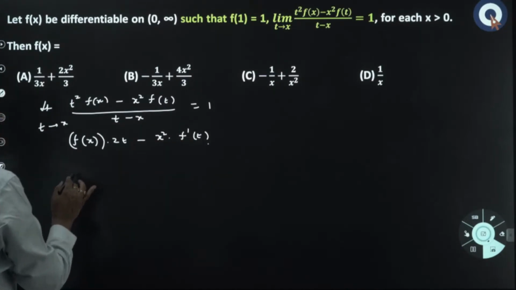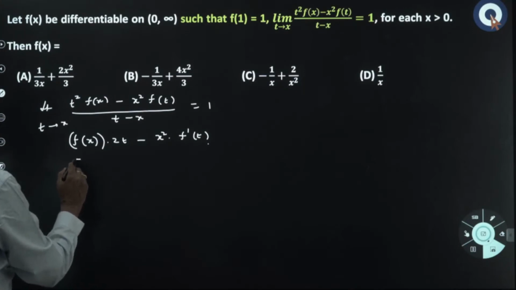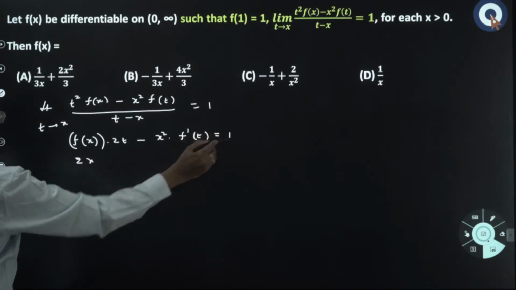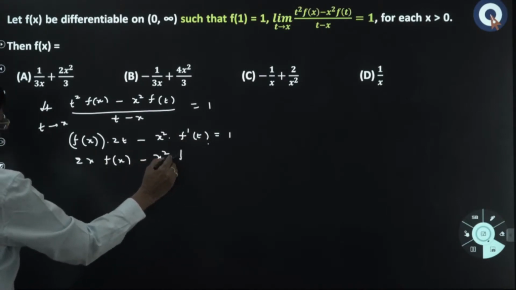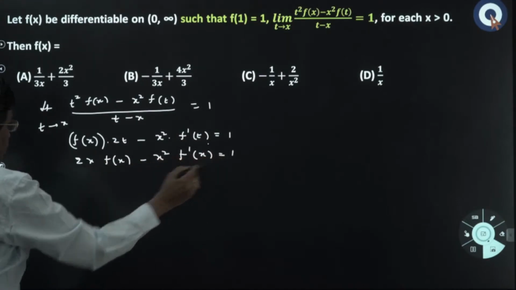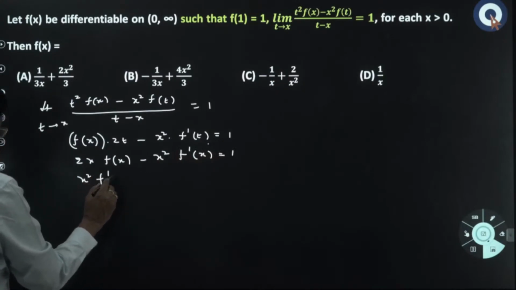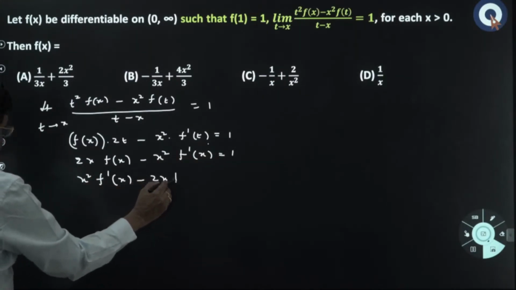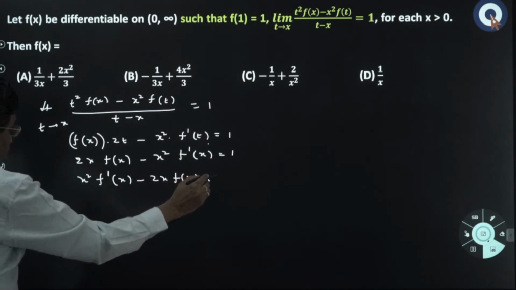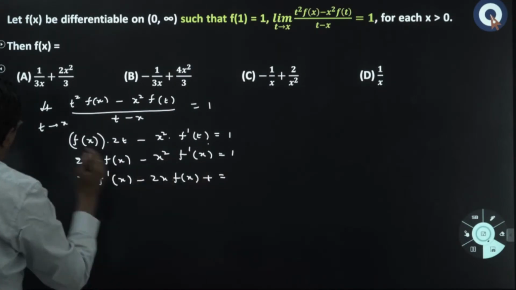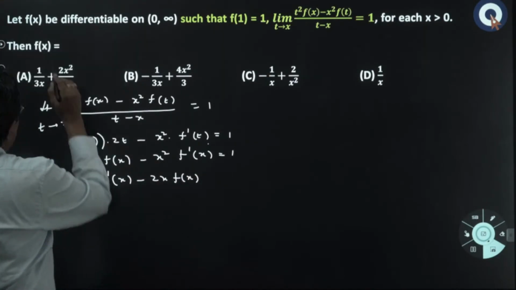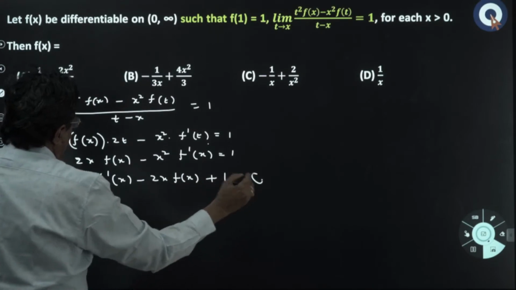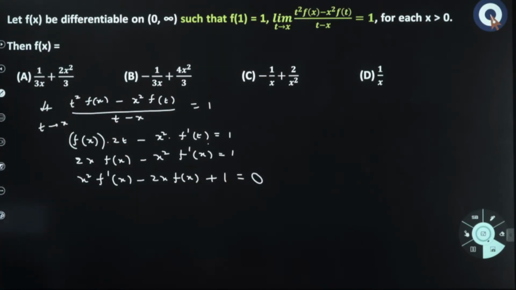So as t tends to x, this becomes 2x f(x) minus x square f dash x is equal to 1. So that means x square f dash x minus 2x into f(x) plus 1 is equal to 0.